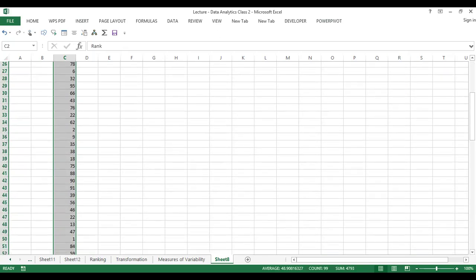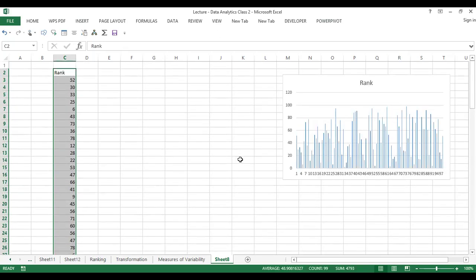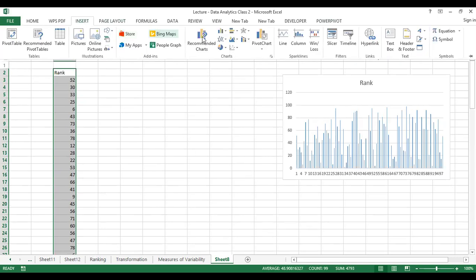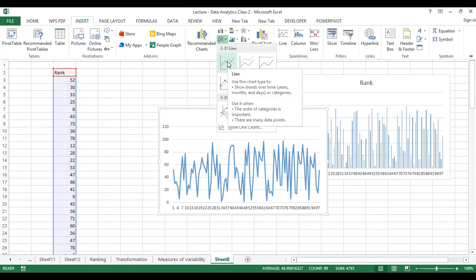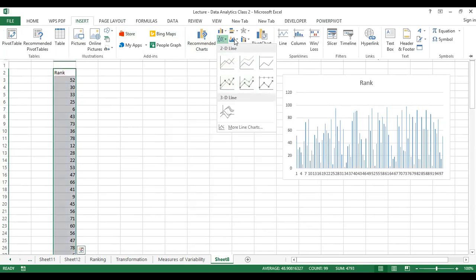Normally, this kind of thing, you use a histogram to handle. You see, it's still jagged. Let's see area charts.